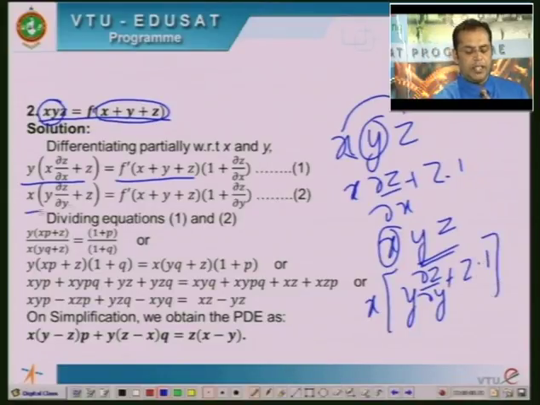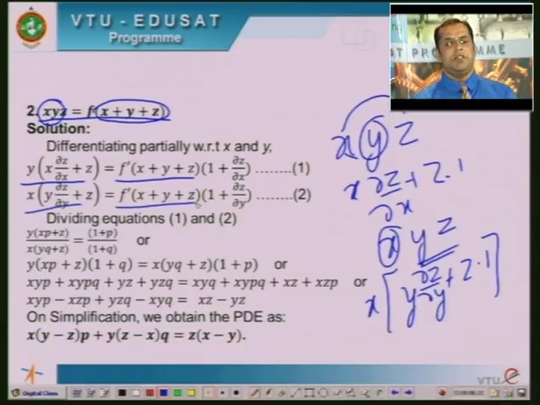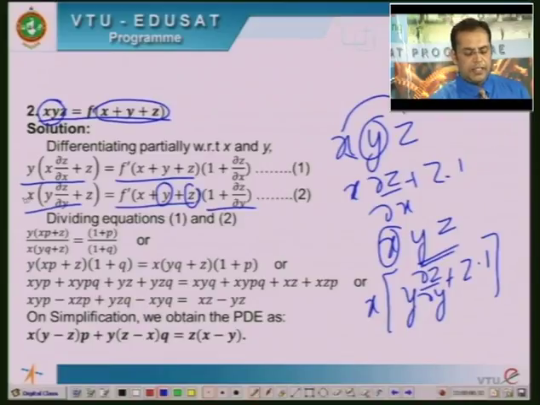That is what you see here, equal to f dash of (x plus y plus z) into the derivative of (x plus y plus z) with respect to y, which is 1 plus dou z by dou y. So, if you apply notations, this is x into (yq plus z) equal to f dash (x plus y plus z) into (1 plus q).